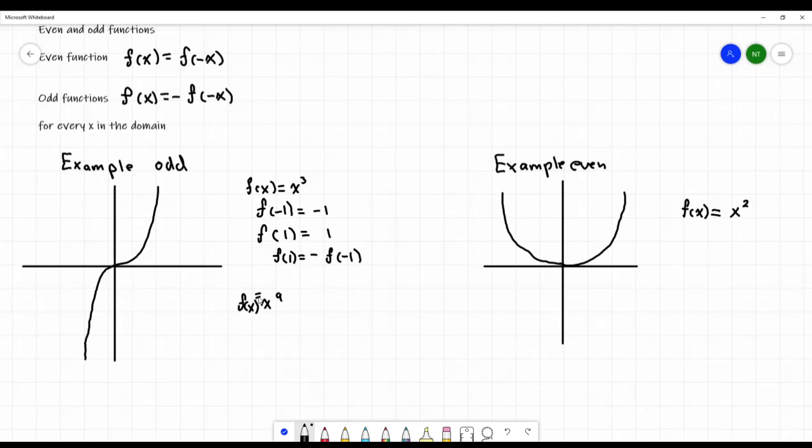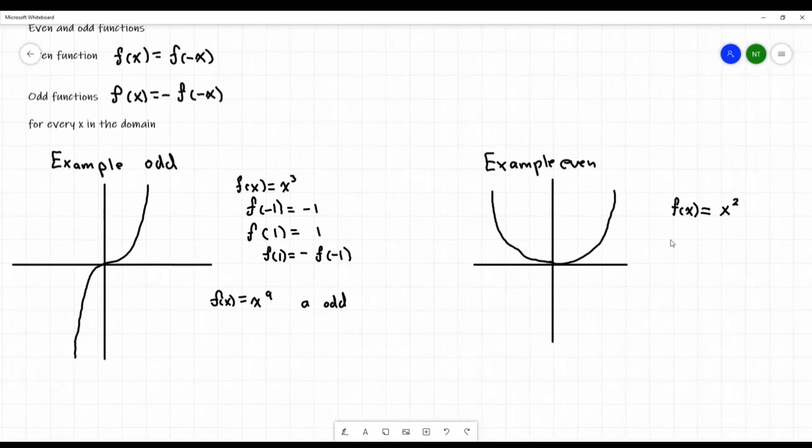So for any value of a odd and greater than 0, this property holds, and so all power functions where a is odd are odd functions. All right. So now let's look at even functions.